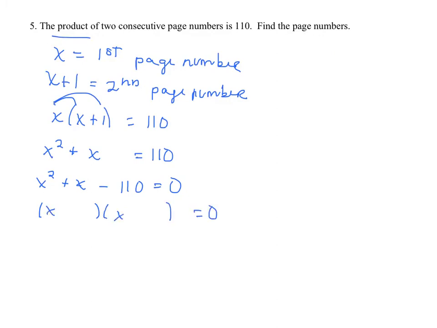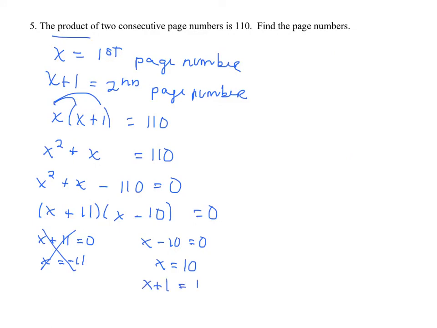This is going to be a positive 11 and a negative 10. So x equals negative 11, x equals 10. I reject negative 11 because you can't have a page marked negative 11. So x is 10 and x plus 1 is 11.